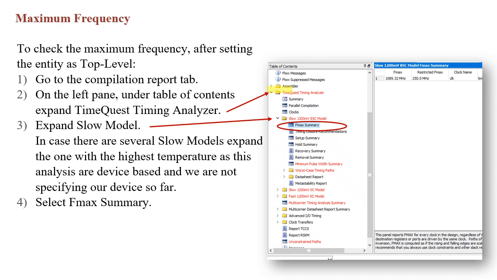You need to expand this first, and then you will find multiple red options that say slow and then some voltage and then some temperature model. You will choose the model with the highest temperature. In this particular example, it's the first option. Then you expand this option and click Fmax Summary.